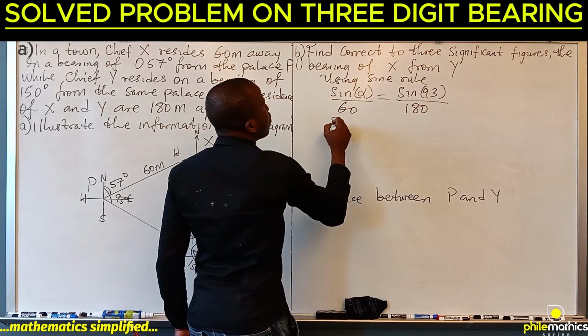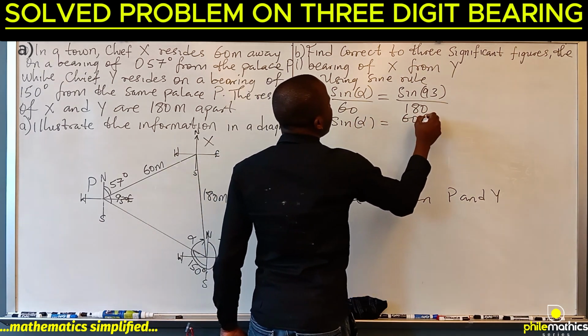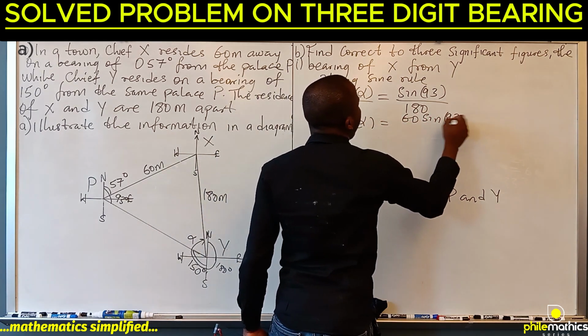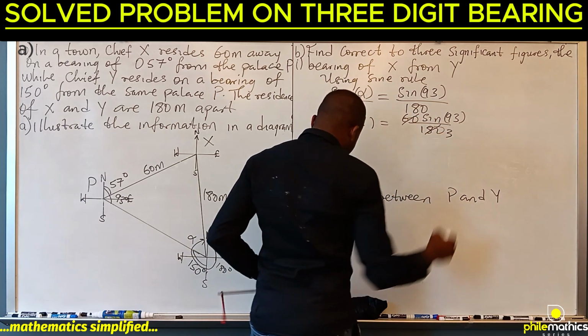So sine alpha will be 60 sine 93 over 180. This can go by 3.